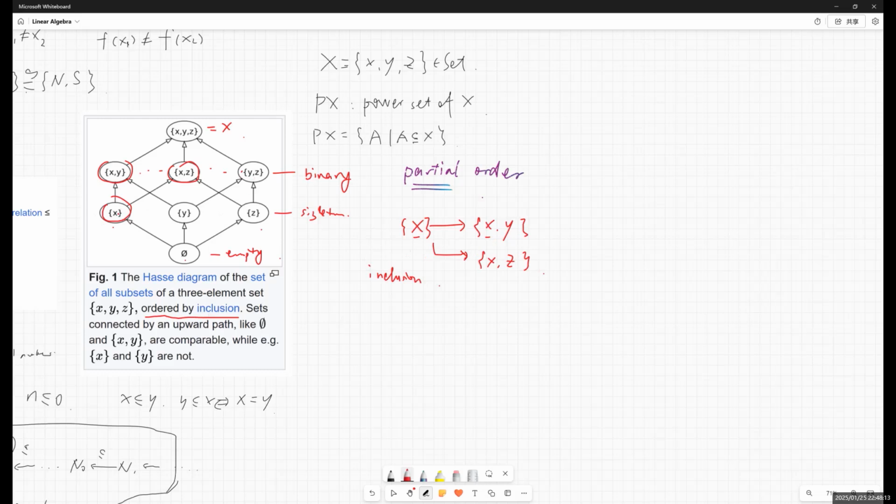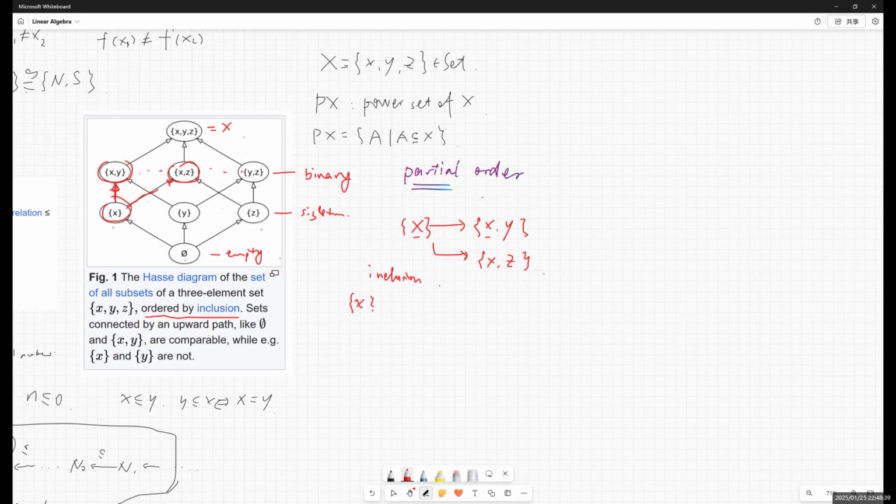So we cannot compare them. The injection can only be established from X to XY and X to XZ. So not every pair of subsets can have the relationship of injection. So it's a partial order.